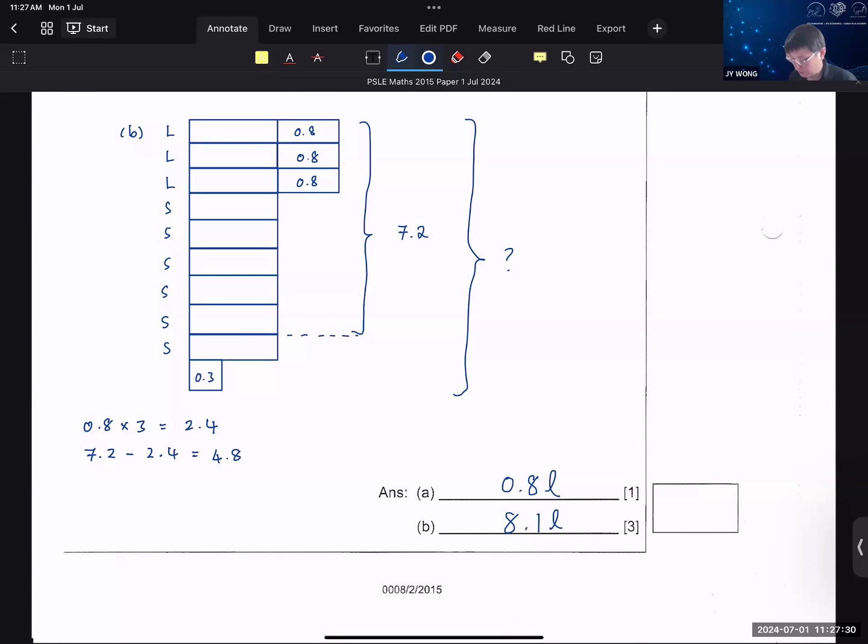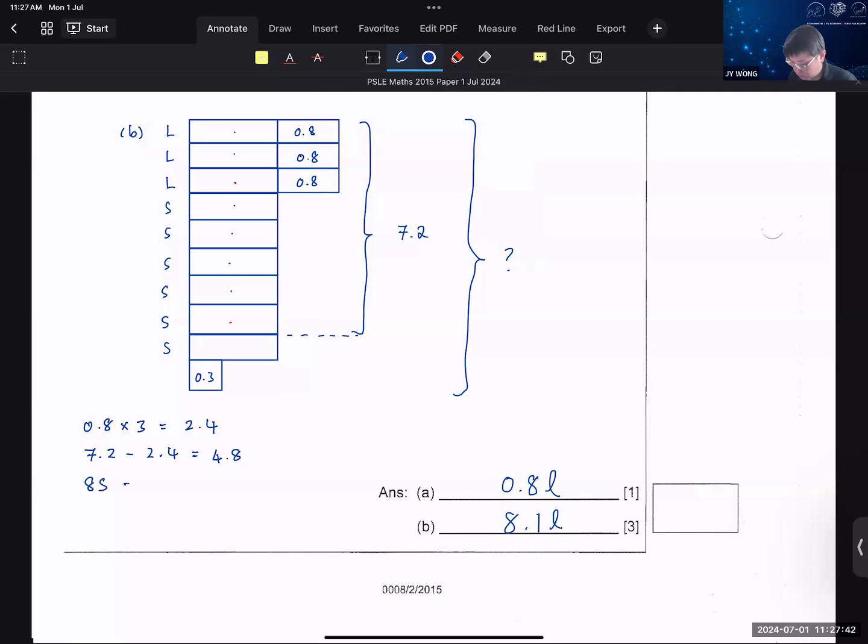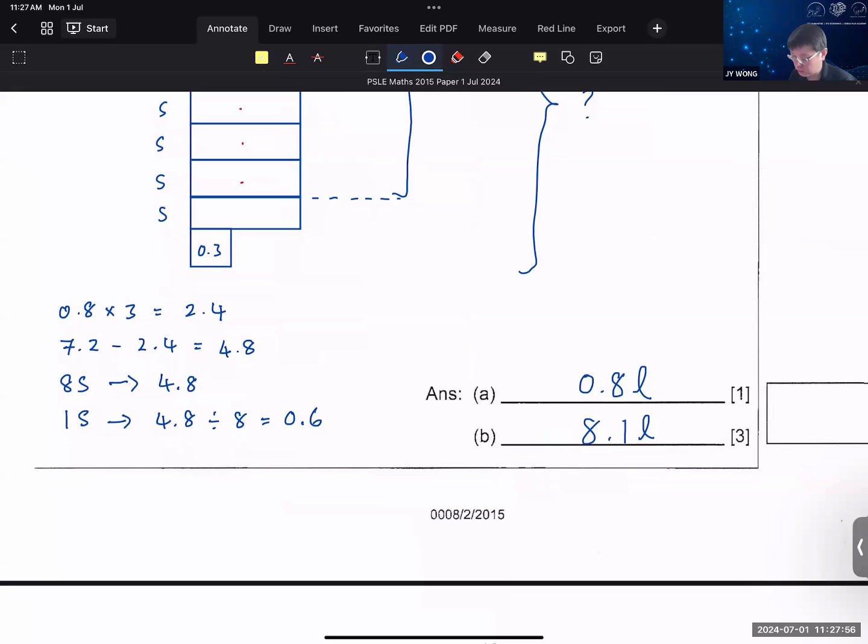That will give you 4.8. And if you have 4.8, you should be able to count the number of units. 1, 2, 3, 4, 5, 6, 7, 8. So 8 small gives you 4.8. So you can go ahead and find 1 small, which is 4.8 divided by 8 to give you 0.6. Okay, so once you find 1 small, you can find the rest. And therefore, her total is 7.2 plus 0.6 plus 0.3 to give you 8.1.